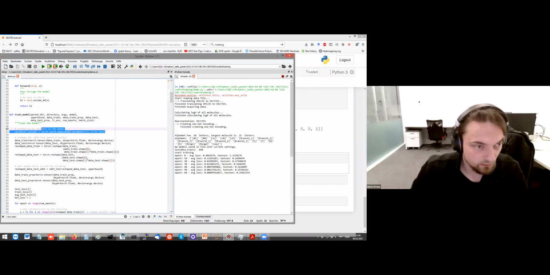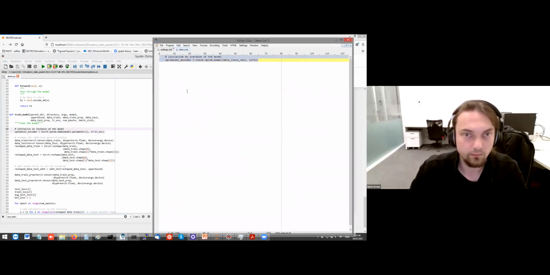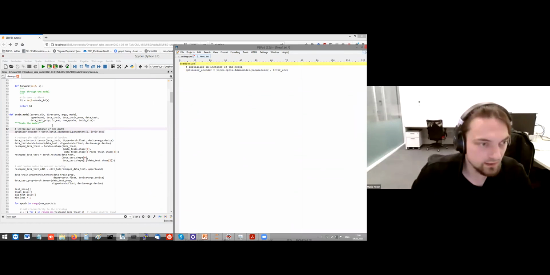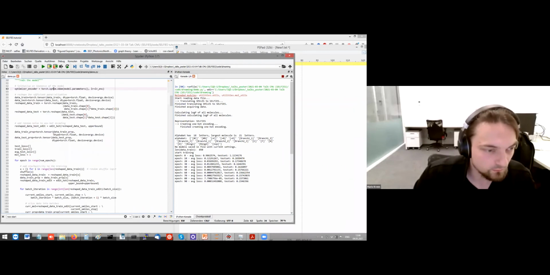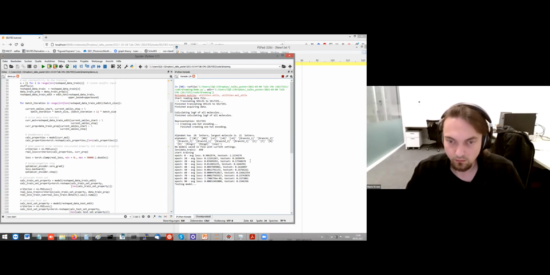So let's copy this line. This is how the prediction works, and the most important part, if we finished the training, I think we finished quickly.